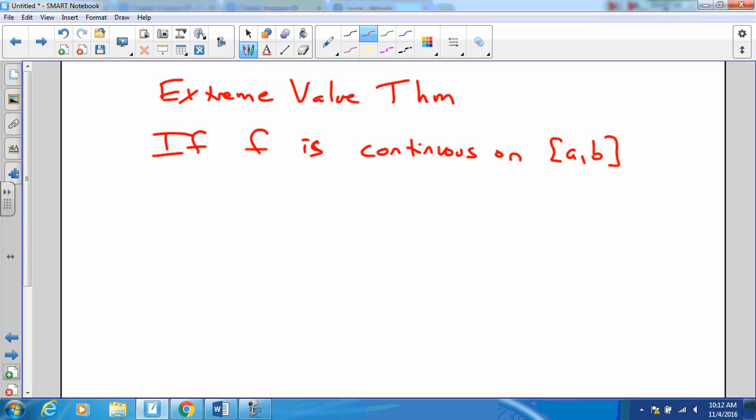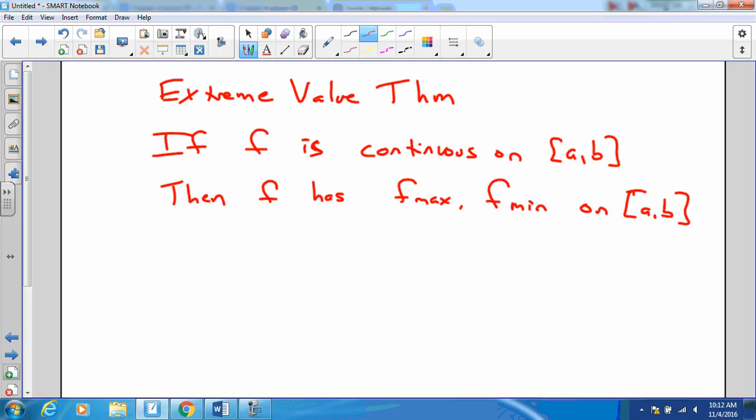Which I mentioned was the simplest example of this mysterious thing called a compact set. If f is continuous on a closed and bounded interval a to b, then f has an absolute max and an absolute min on that interval.